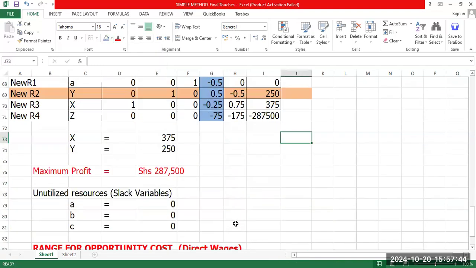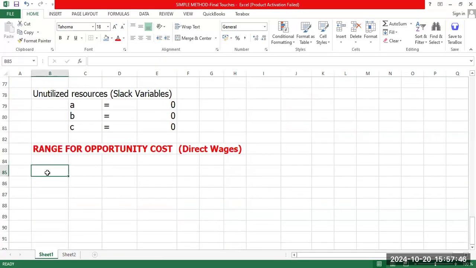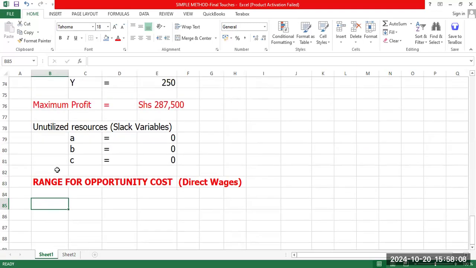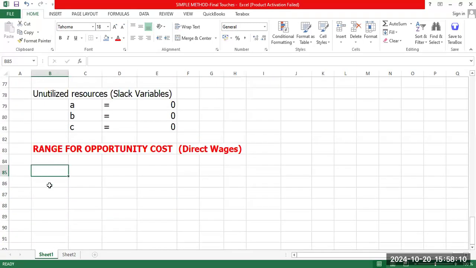Then next, remember you want to see whether there is an increase or a decrease. You want to get lower limit and upper limit, okay?